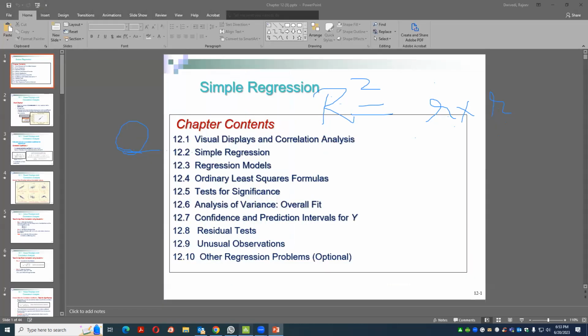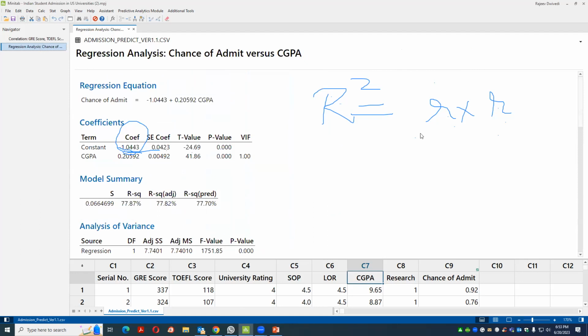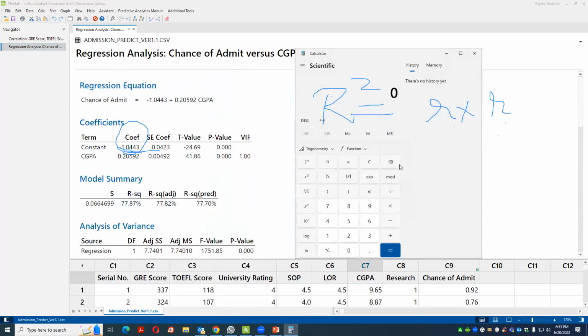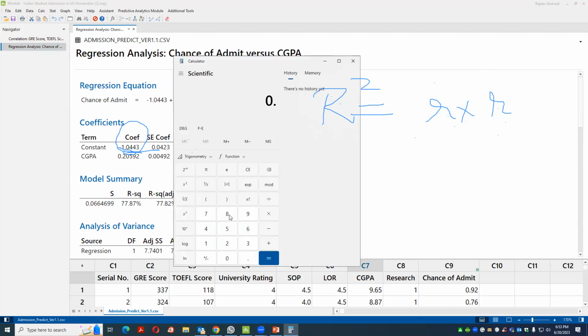Let's see. Where is the calculator? Look, 0.882 into 0.882. What do we get here? 77.8.